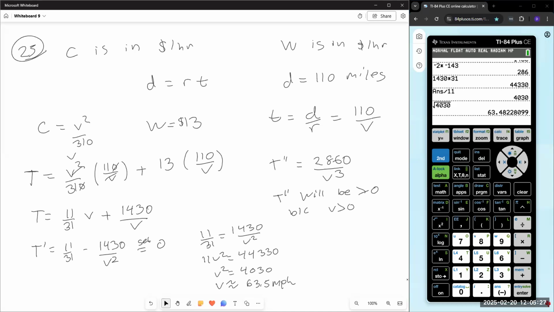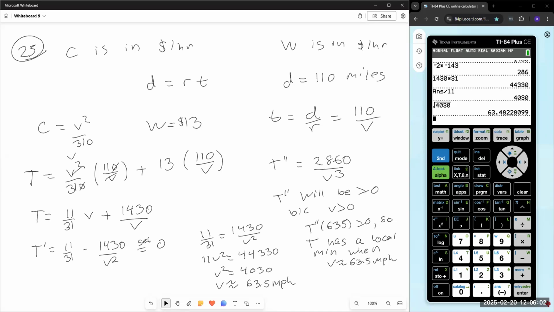If I want to prove to myself that that is a minimum cost, I stick it into T double prime, and T double prime of 63.5 is greater than 0. So T has a local min when V is approximately 63.5 miles per hour. That's what that tells me.